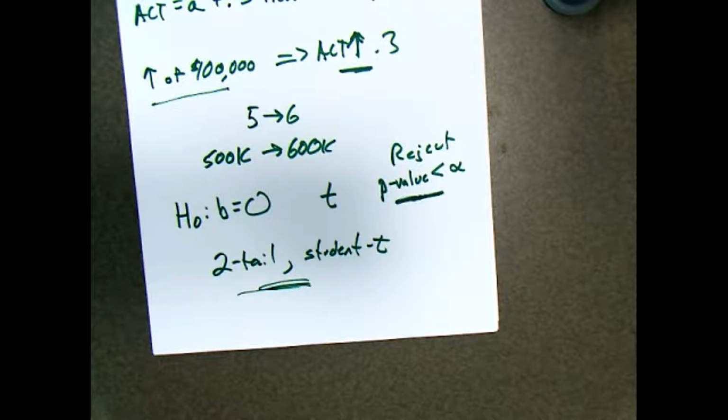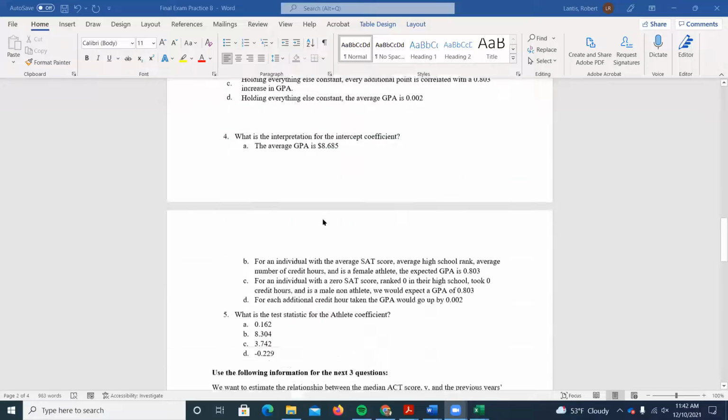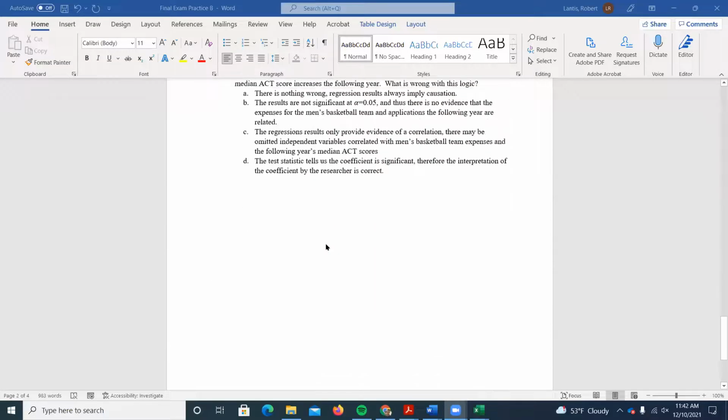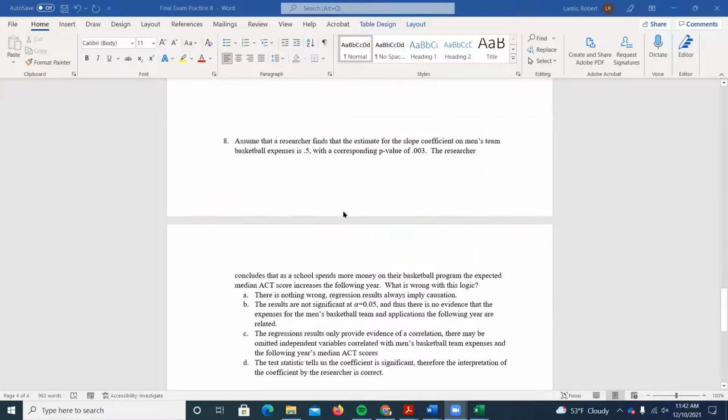I'm kind of jumping around a little bit here. One thing I might also do, the last question on here, just so we go over it, is maybe I find a certain coefficient, and even if it has a very low p-value, so in this case, spending on the basketball program and ACTs, I say, well, if that's increasing the ACT score, we should just start dumping all our money into our athletic programs.